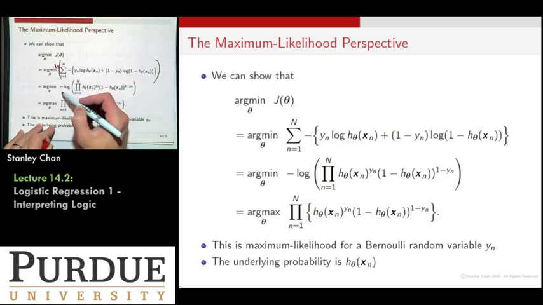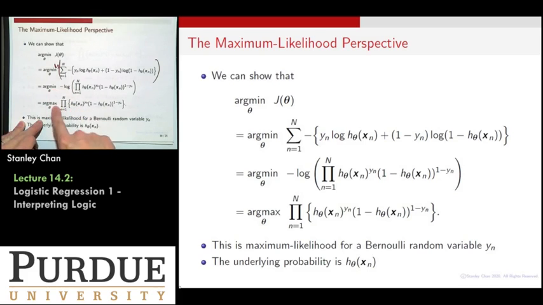You ask, you put a log here and then you want to remove the log again. Yes, I'm doing this because I want to turn this problem into this particular form. What is the form that I want? I want to remove the log. If I want to remove the log, I can just turn the min to the max because I have a minus sign here. And so I have this product term.